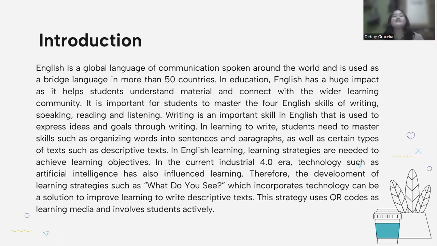This strategy uses QR codes as learning media and involves students actively. So, by using this teaching strategy, we can push students to be more active in learning, and also we can introduce technology to the students.